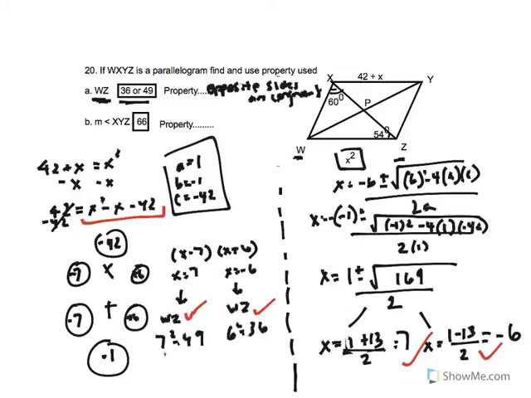I just substituted over here. I'm not going to do it over here. Okay, so now they want me to find the measure of x, y, z. So this angle here. Well, in a parallelogram, I know that these two angles are congruent, so I'm going to name this one here x and this one here x.